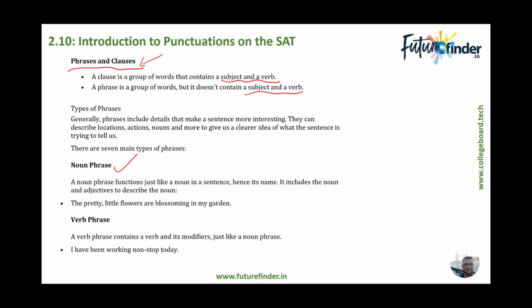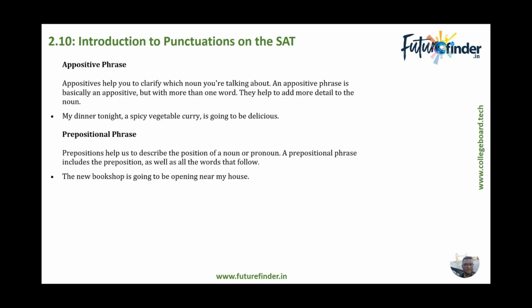So what are the types of phrases? The noun phrase starts with a noun. The verb phrase starts with a verb. The appositive phrase: appositive basically means the same thing said again. For example, my mother, a good cook, cooked rice.